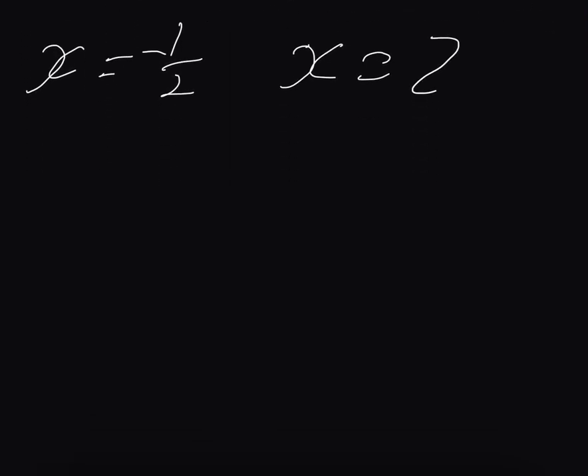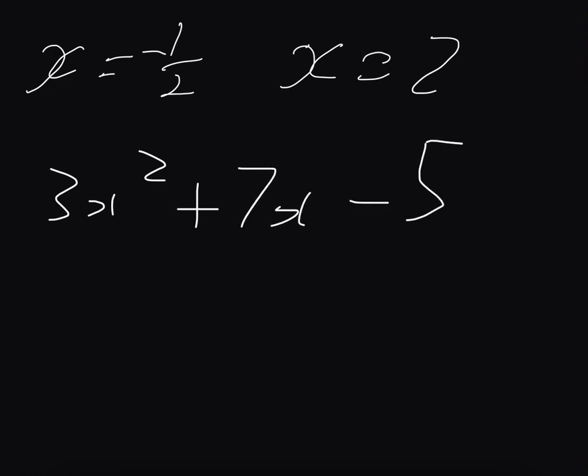Now let's look at another question. 3x squared plus 7x minus 5 equals 0. Okay, for this question, let's use the quadratic formula.